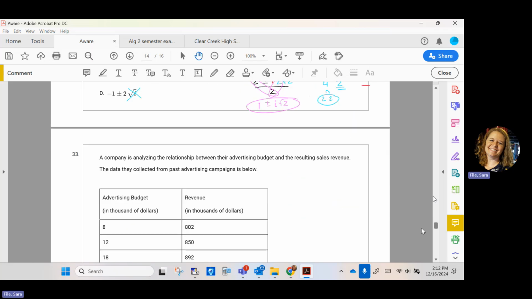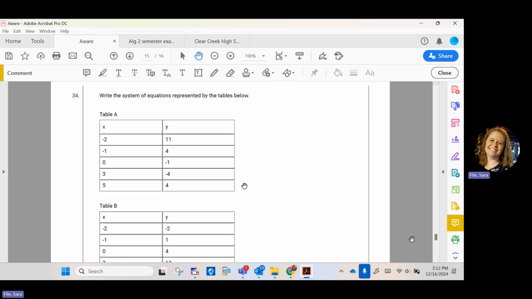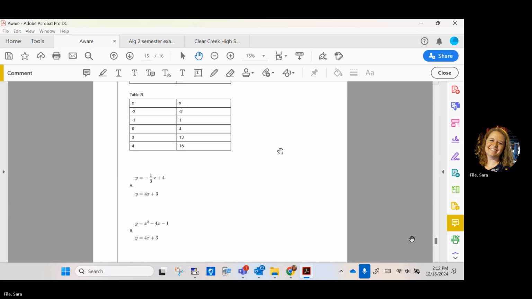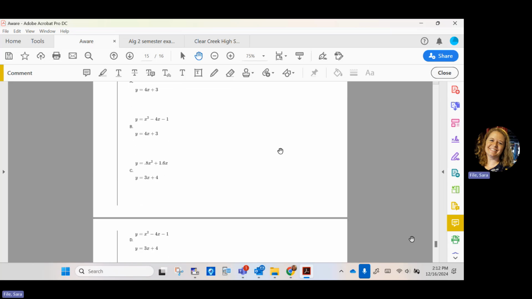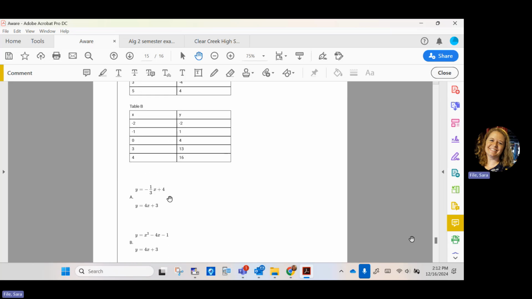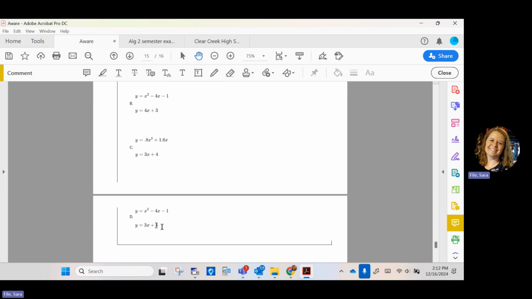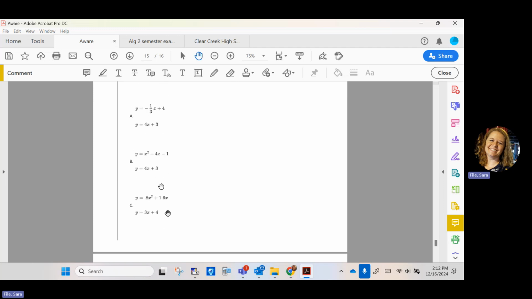So that we answered 33. So last one, 34. It says write the system of equations represented by the table below. Okay, so you could do linear regression to come up with these equations, and I know it's linear because all of these are, well, actually, this answer choice is quadratic, that answer choice is quadratic. So they're wanting you to check and see which one fits best.